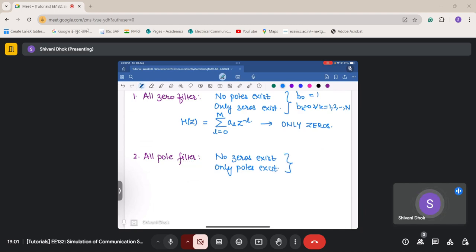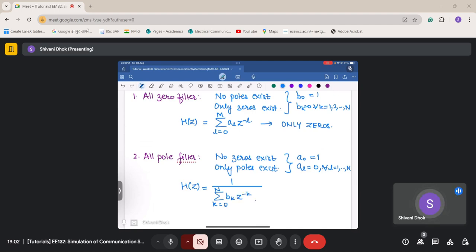And here we'll have a0 as 1 and a_L equal to 0 for all L equal to 1 and so on till M. And this H of z for this particular filter will look like 1 over summation k running from 0 to N, b_k into z to the power minus k.